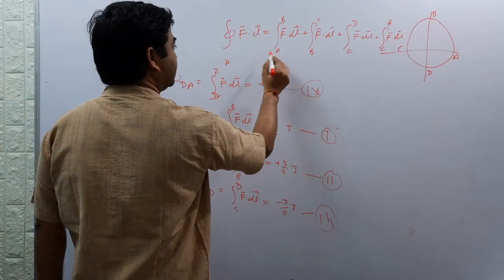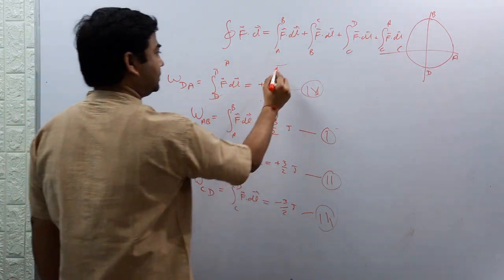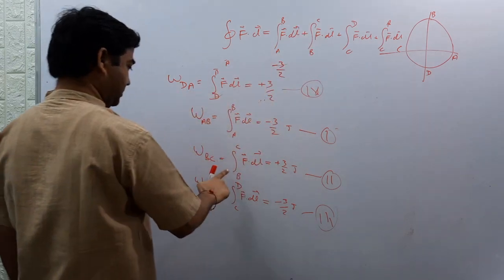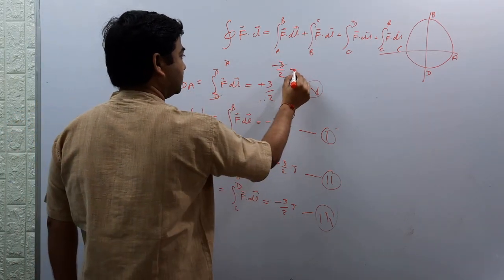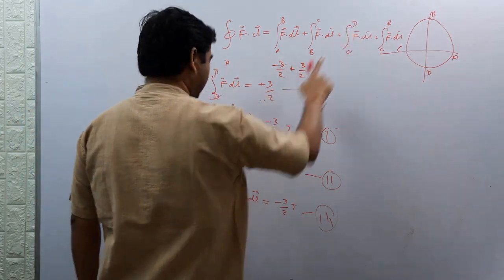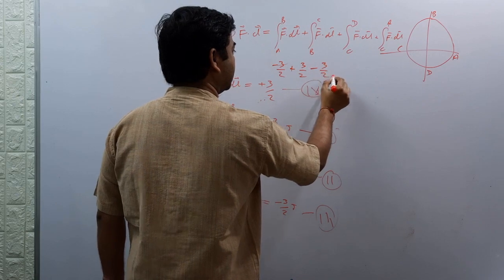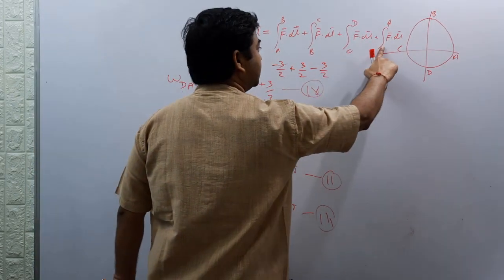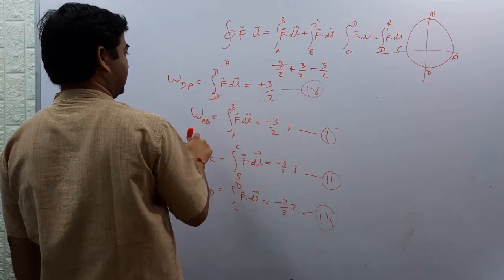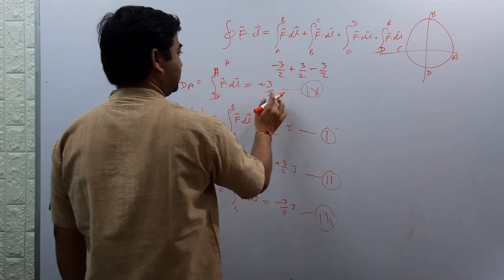So first, A to B is minus 3 by 2. B to C is plus 3 by 2. C to D is minus 3 by 2. And D to A is plus 3 by 2.